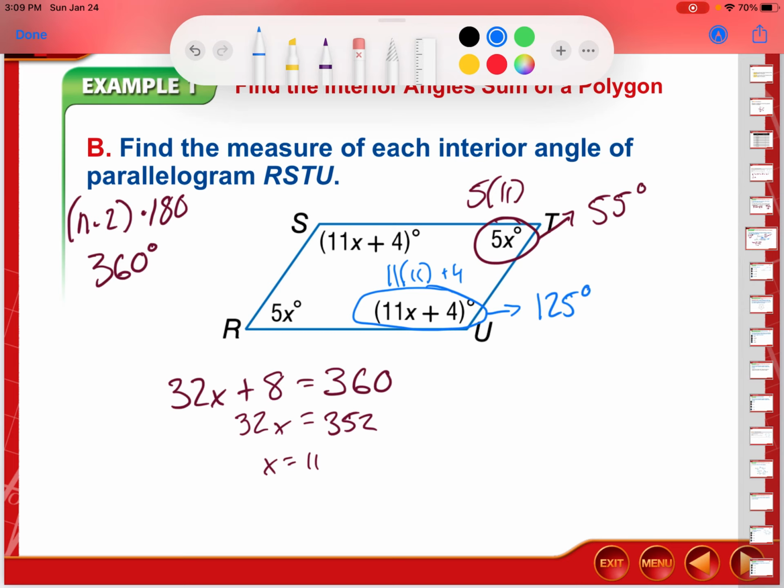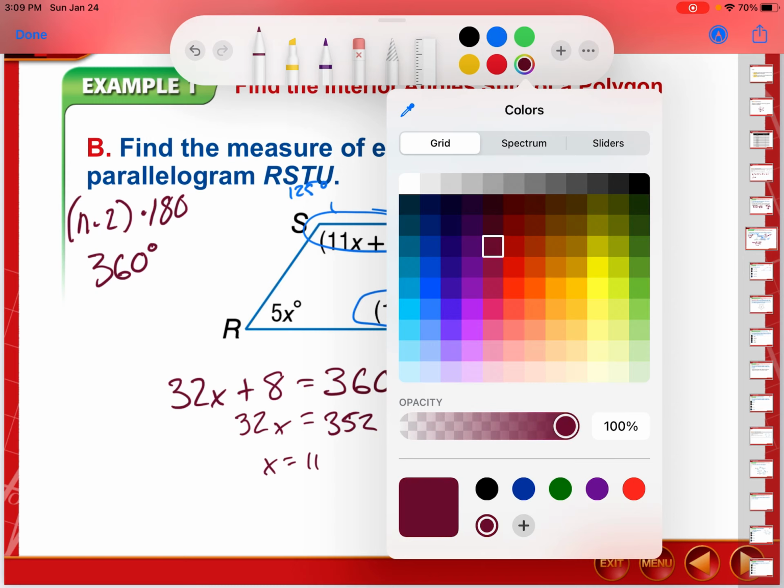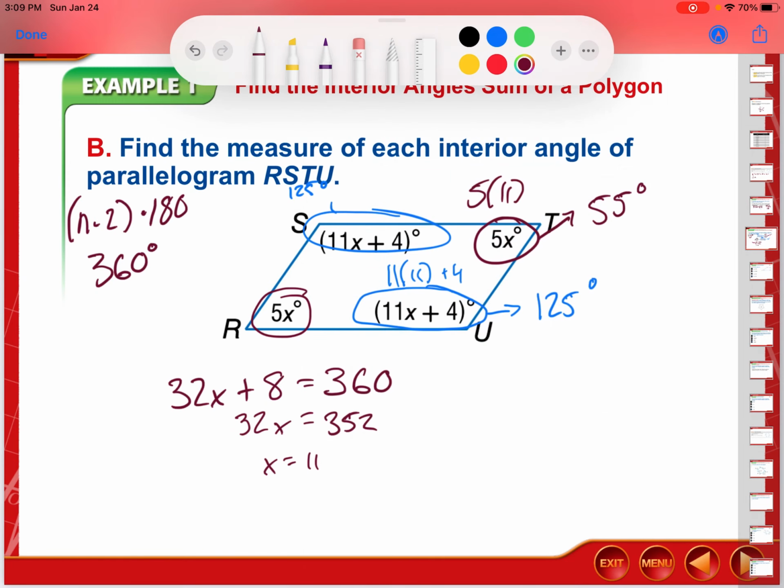Which checks out because these add up to equal 180 degrees, and we'll have the same set of angles over here on this other side. So, if you would prefer, you can go ahead and label all of them. I don't think it's necessary, but I'll do it anyway, just for being thorough, I suppose.